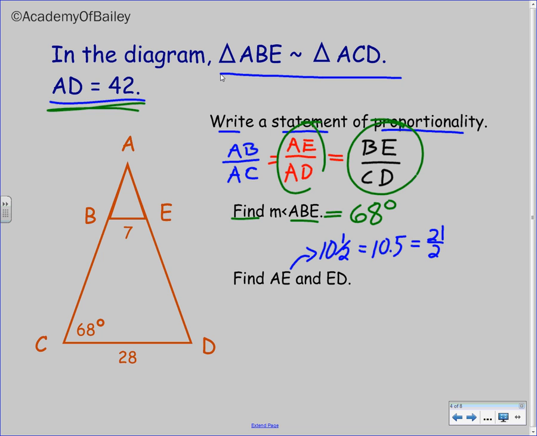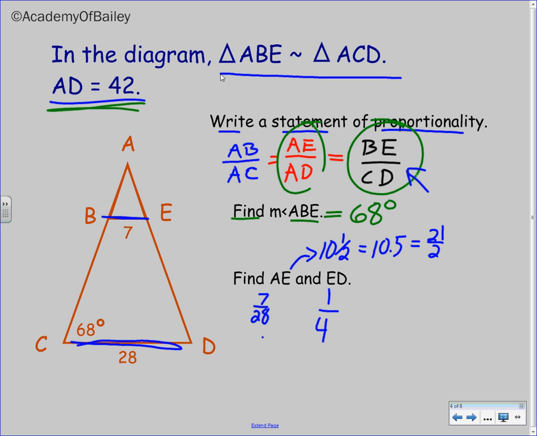Now we need to find ED. Well, once again, we know BE over CD, which is 7 over 28. Bottom of the small triangle, bottom of the large triangle, 7 over 28, so that's 1/4. Now we need to find ED.